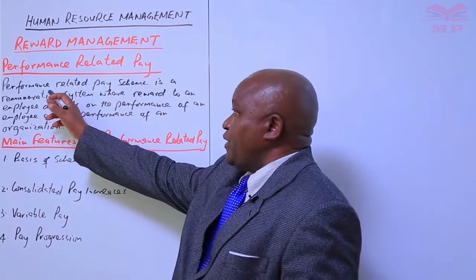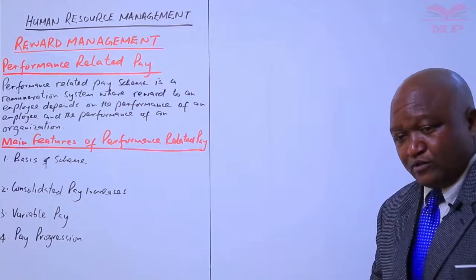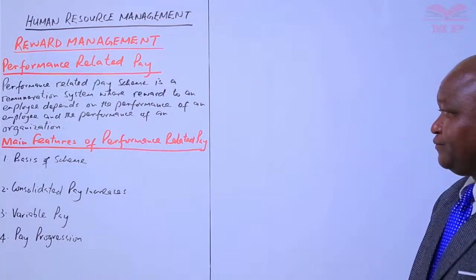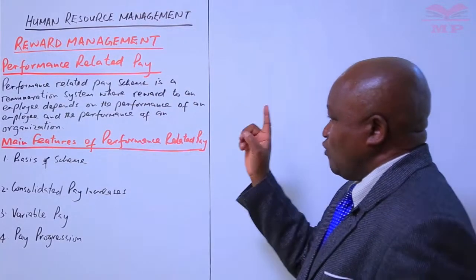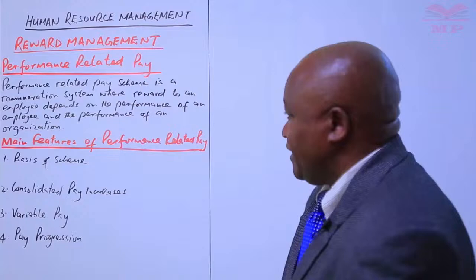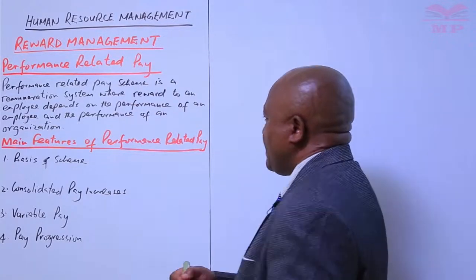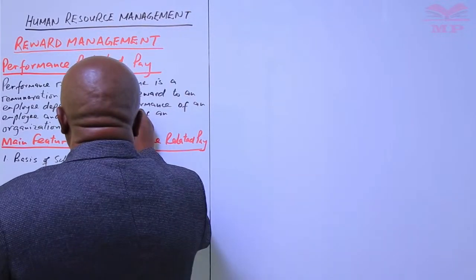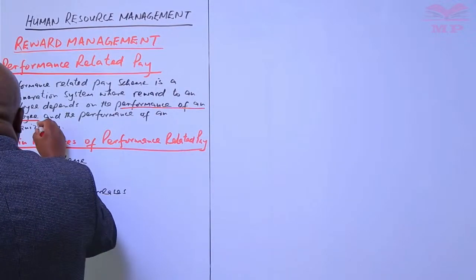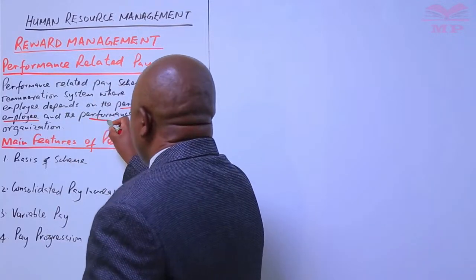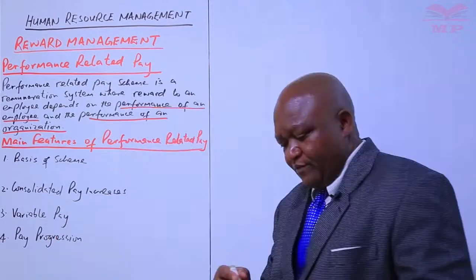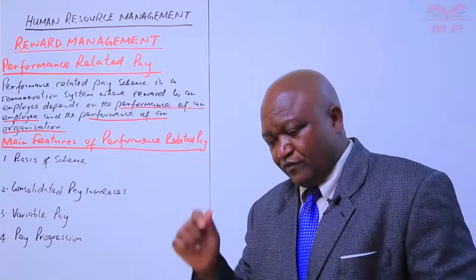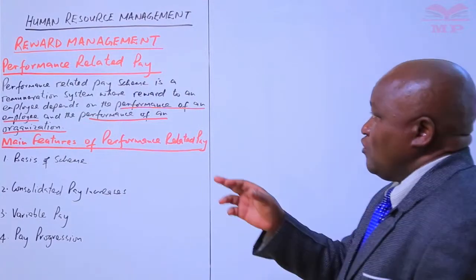And performance-related pay, as is used in human resource management, is a remuneration system where reward to an employee depends on the performance of the employee and the performance of the organization. So you can see, dear learner, there are two things. Performance-related pay is dependent on how the employee performs and how the organization performs.